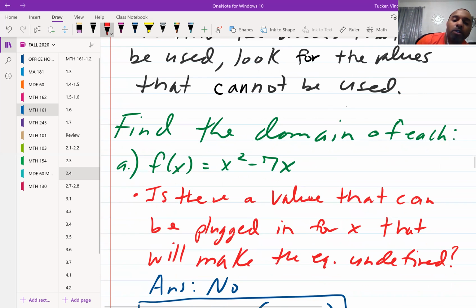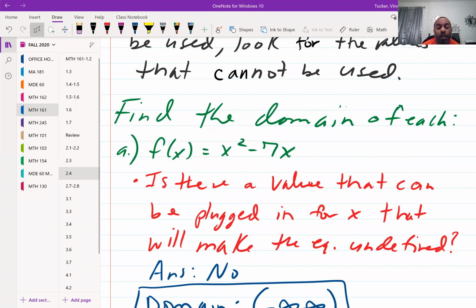When you look at x squared minus 7x, the answer is no. There's nothing you can plug into this function that will make it undefined.